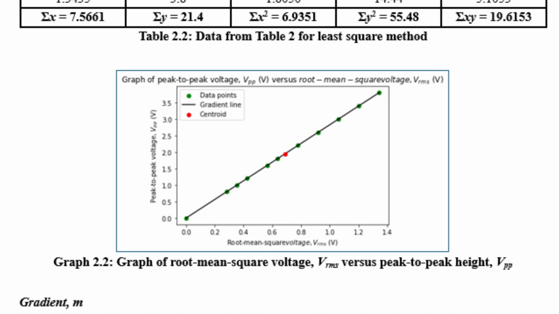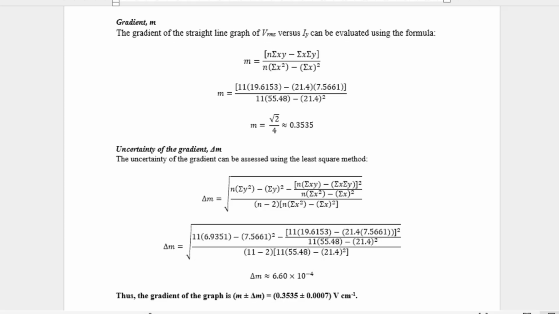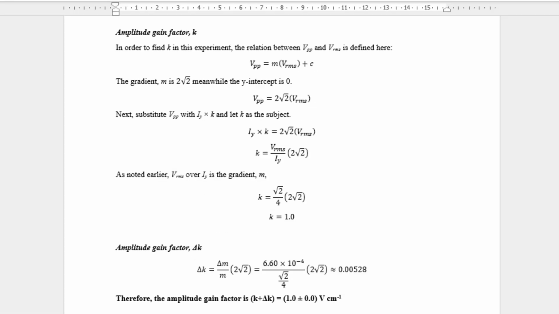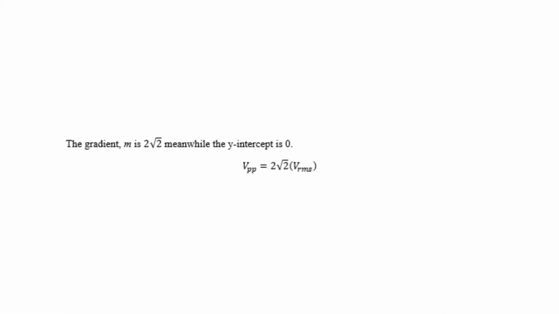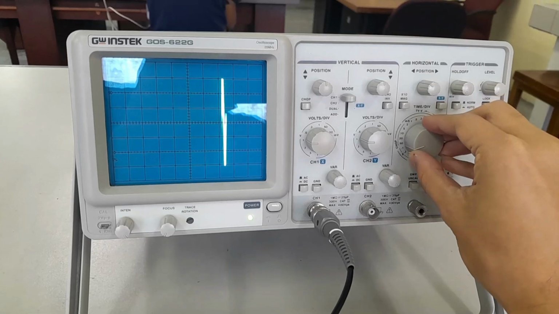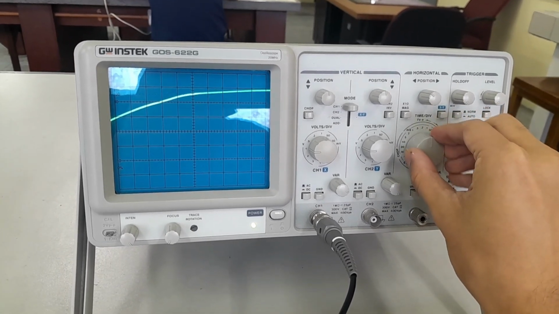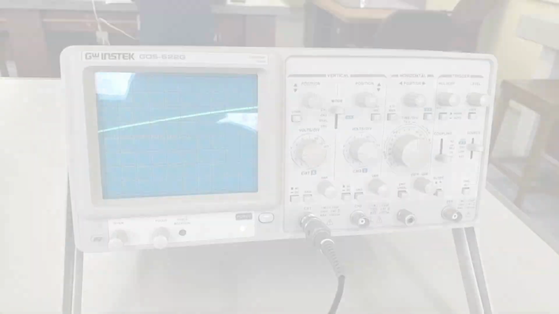Secondly, the VPP is also proportional to IY. Later, I determined the gradients from the two sets of graphs I made. These gradients are essential to obtain the gain factor, which I also got exactly 1. From the gain factor, I also found the relation between VPP and VRMS. In conclusion, the gain factor agrees with the set value within the experimental uncertainty. Therefore, the oscilloscope also can be utilized to measure alternating currents.